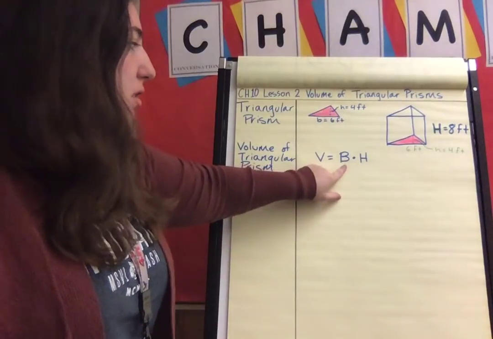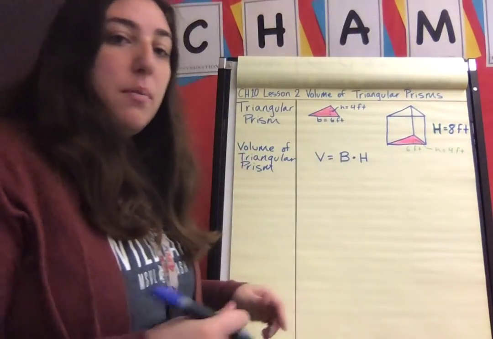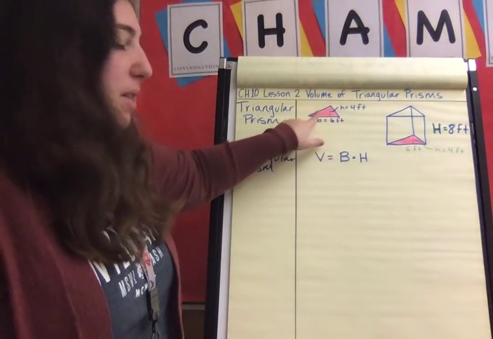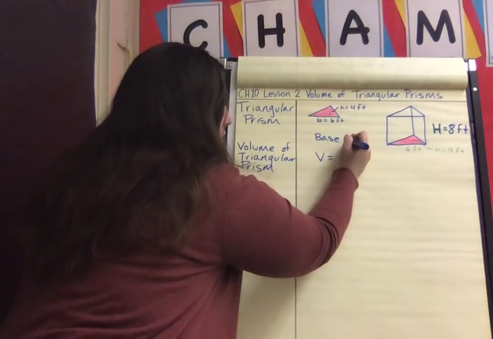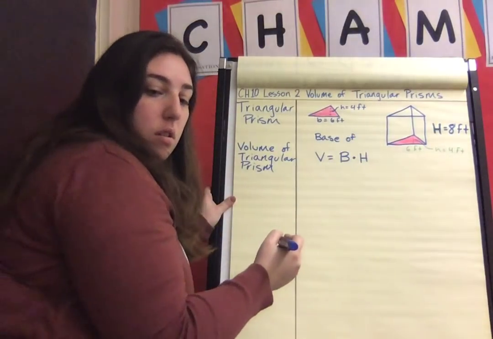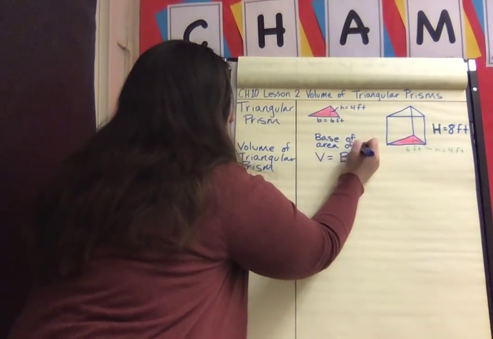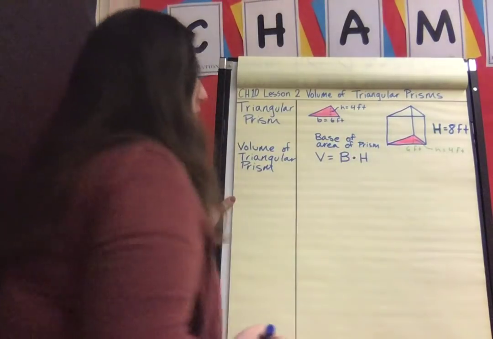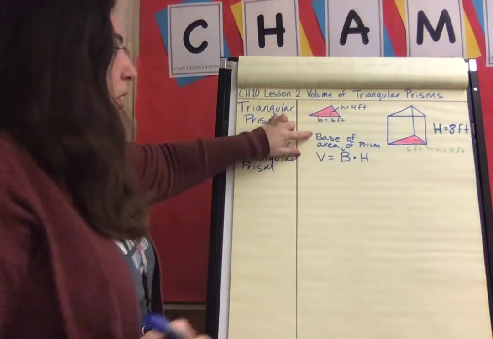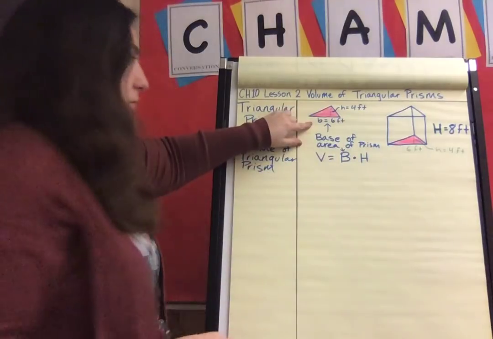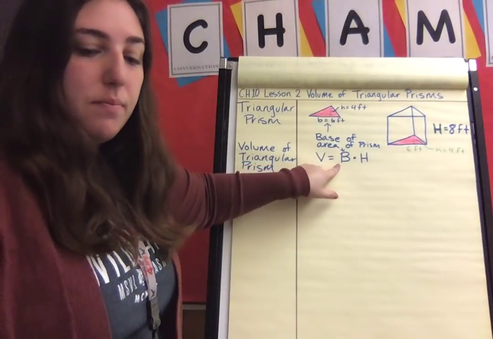And when I say base, what I'm talking about is the area of this base right here, right? It's going to be that area, okay, so which is the same as this. So I'm going to write that down. Base of area of prism, which we're going to point to this. So it's pretty much the area of this. Okay, that's what B represents.